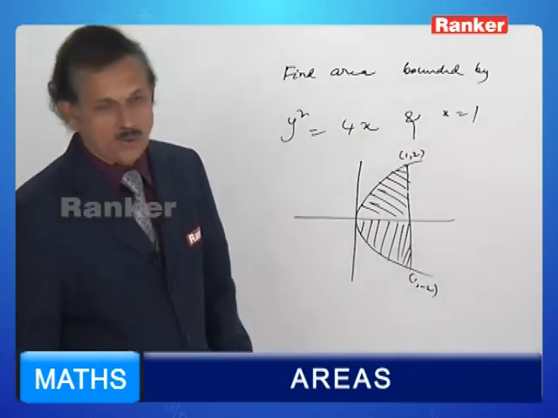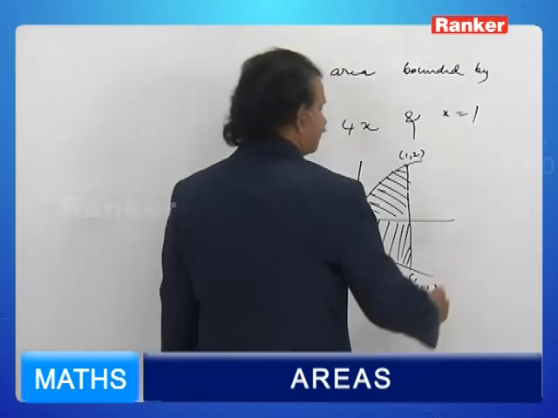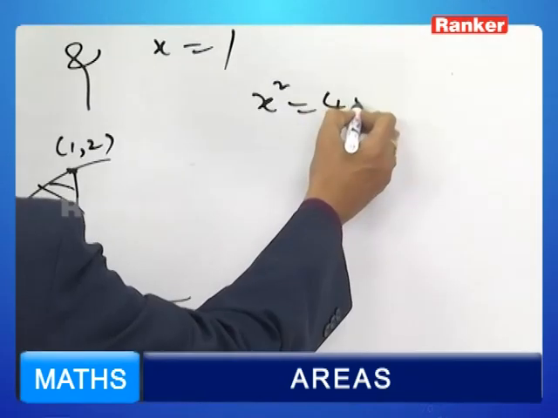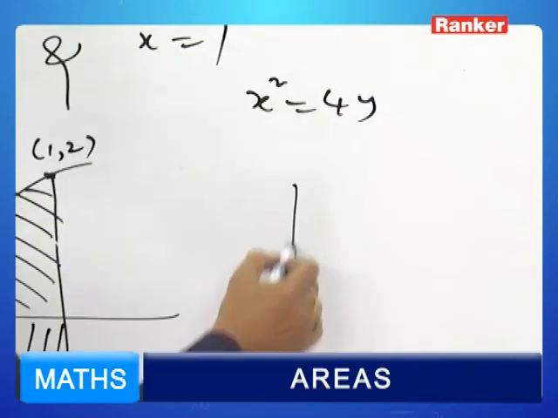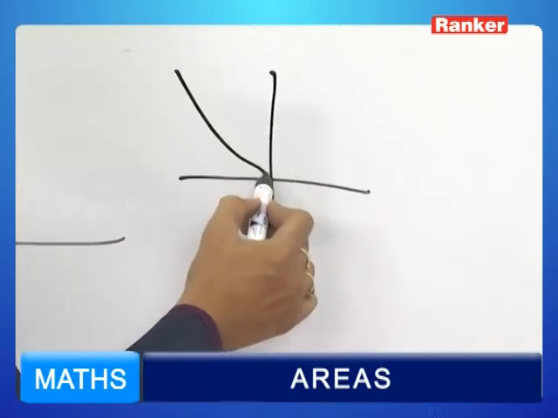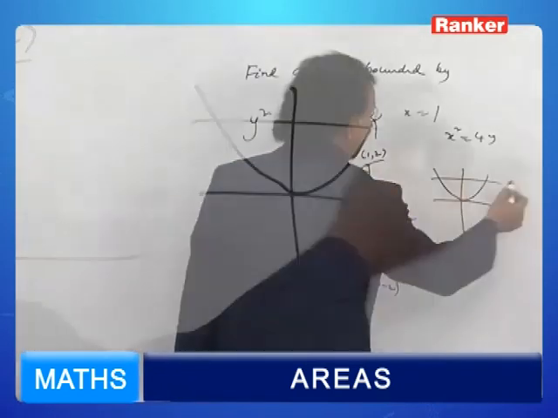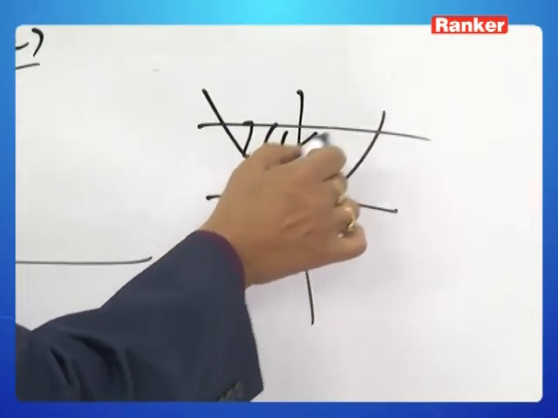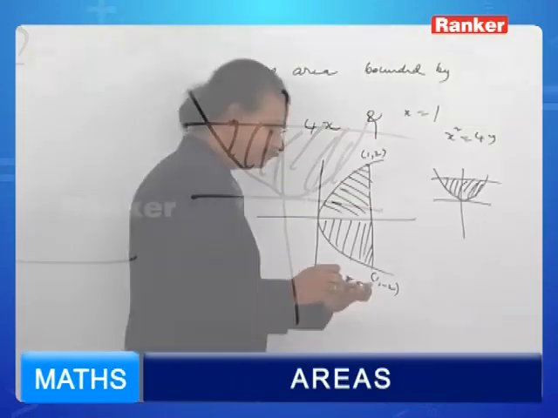In a similar way, if there is a curve which contains even powers of x, say x square is equal to 4y, then it is symmetric about the y-axis. Suppose a line is given like this. This area is equal to this area.